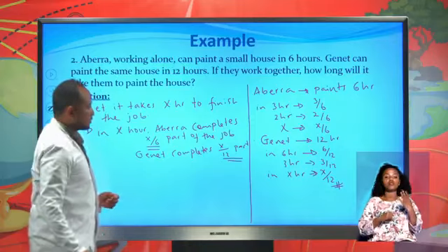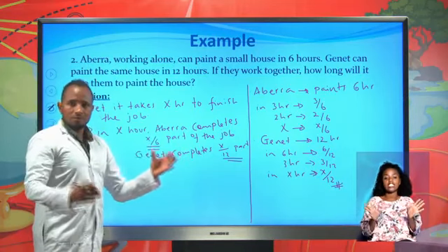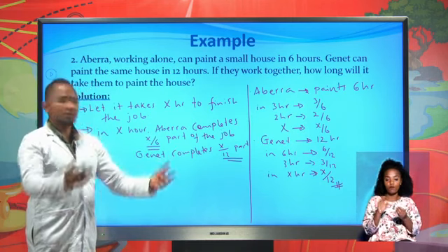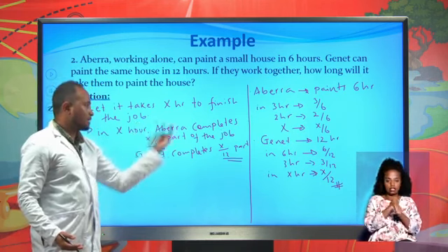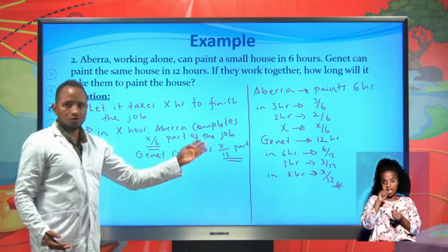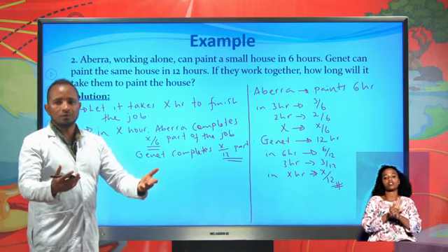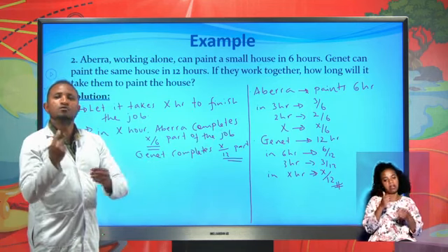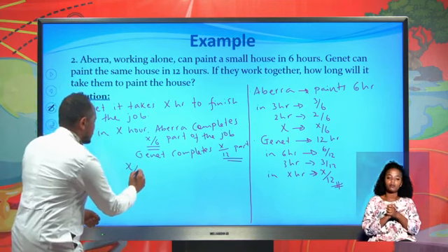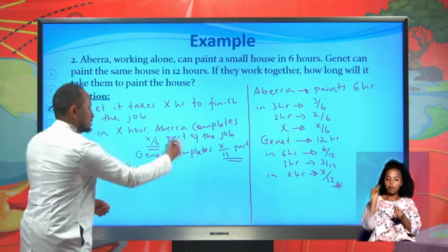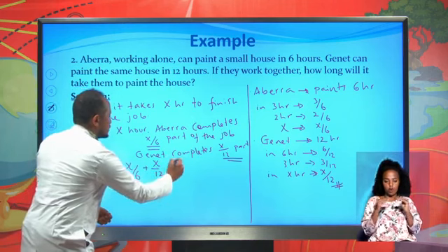So the sum of the work together will be 1, the full job, when you add the x over 6 part done by Aberra and the x over 12 part done by Gannet. Therefore, x over 6 plus x over 12 equals 1.